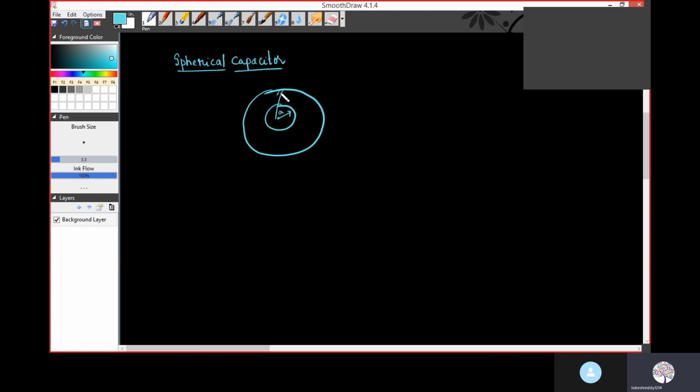Let that radius be B. Then the capacitance is equal to 4 pi epsilon naught A B by B minus A. That is the spherical capacitance.